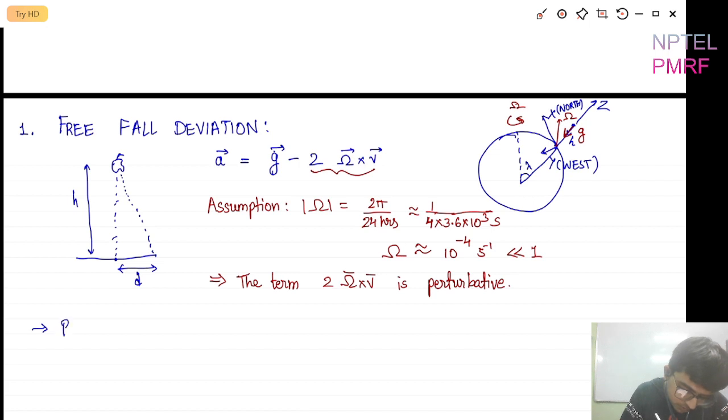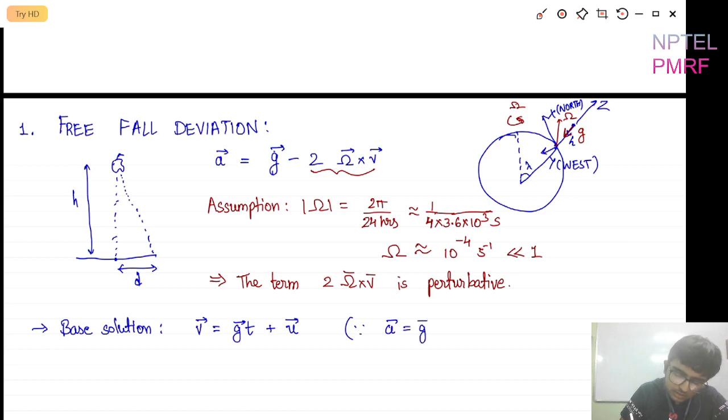So with that assumption, we can write our base solution, that is the solution without any perturbation, as v equal to gt plus some initial u. This is coming from a equal to g.